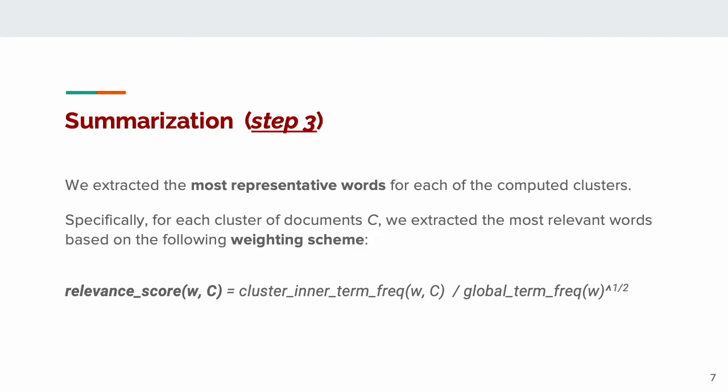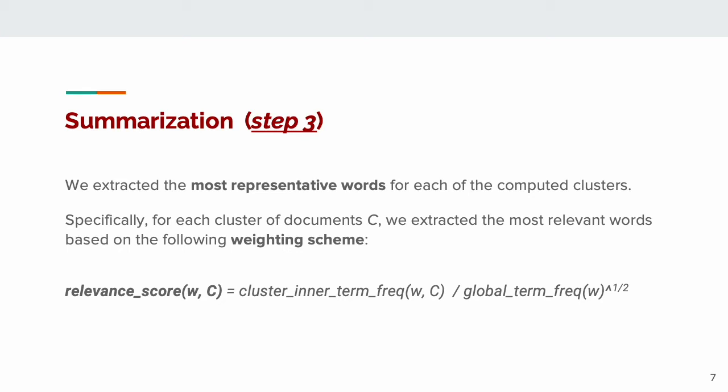Later, in the third step of GCTM, the summarization phase, we extracted the most representative words for each of the previously computed clusters. Specifically, we define a custom weighting scheme, and later, for each cluster of documents, we extracted the top words based on the highest relevance scores.